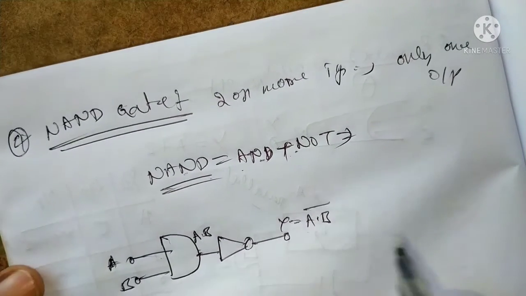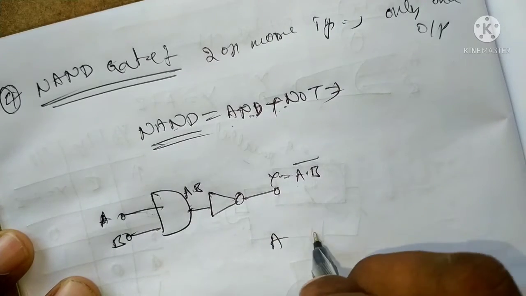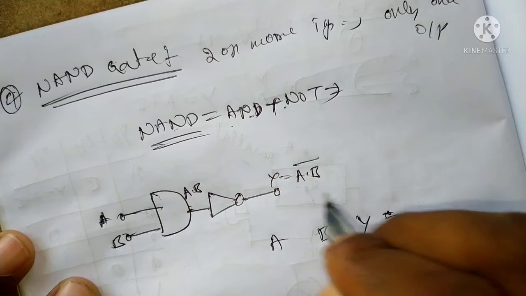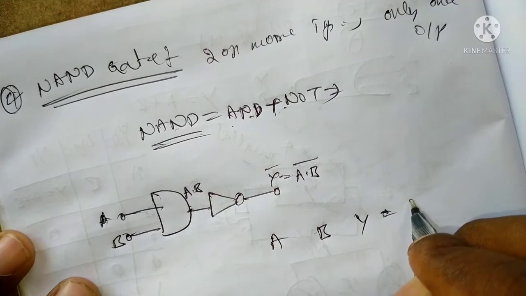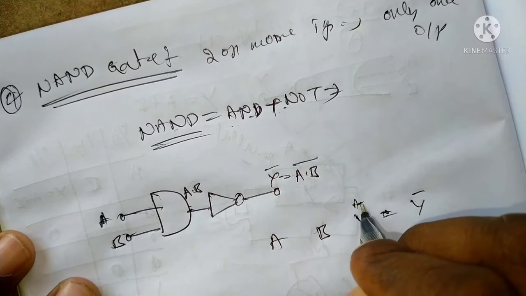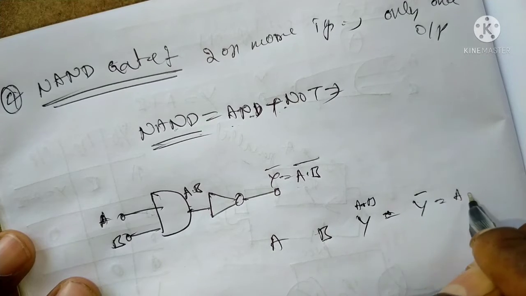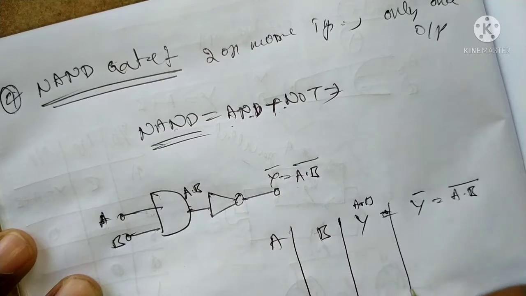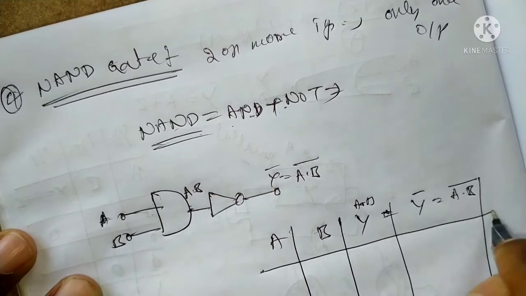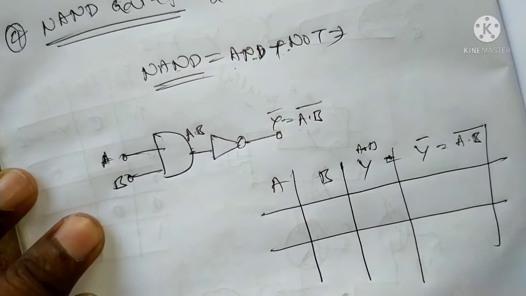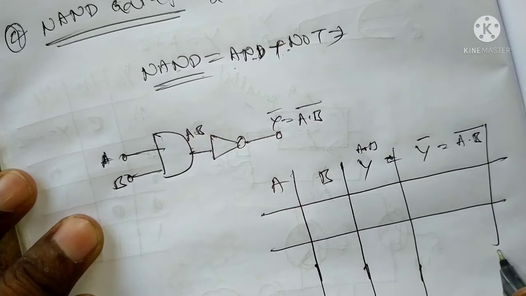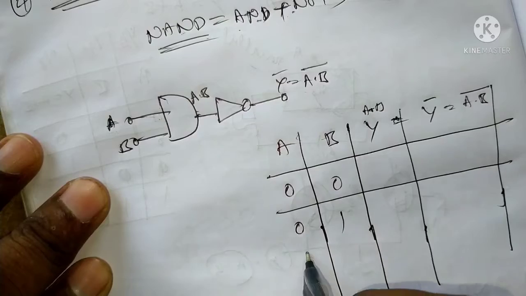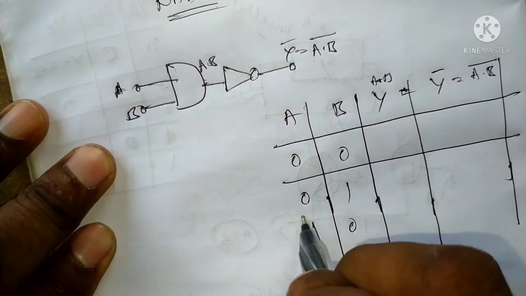The truth table of the NAND gate has columns A, B, Y and Y bar. Here Y bar is equal to A dot B, all barred. Inputs are 0 0, 0 1, 1 0, 1 1.